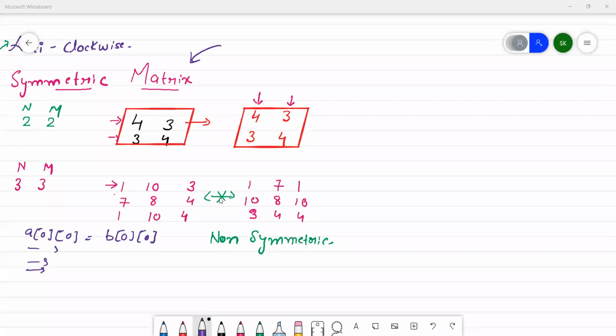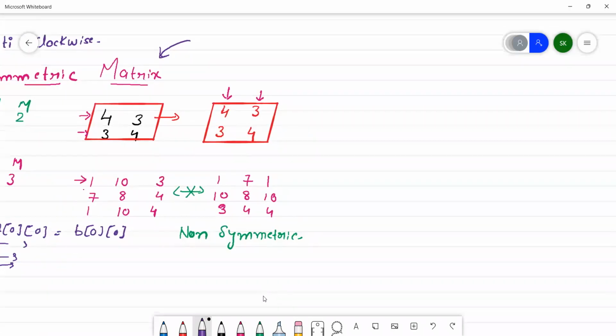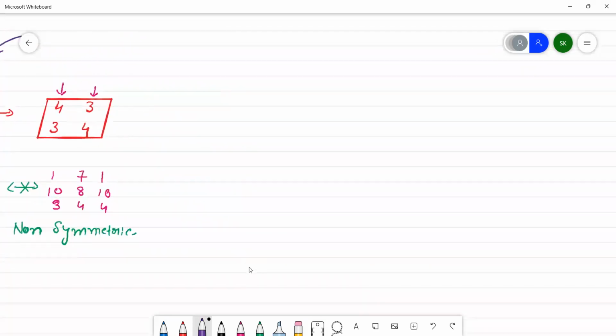Any better way, if you tell me, that will be better, okay? How you can do it in a better way, that will be great. Shekhar, you can't directly do it, saying A of ij is not equal to A of ji. You can try doing it, and if you find it, it will be better.